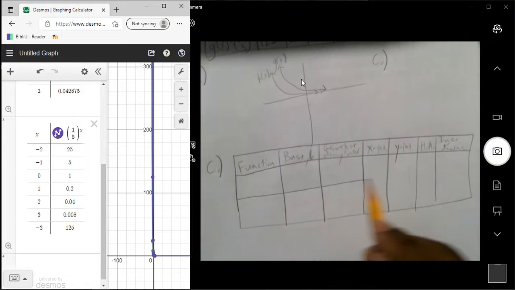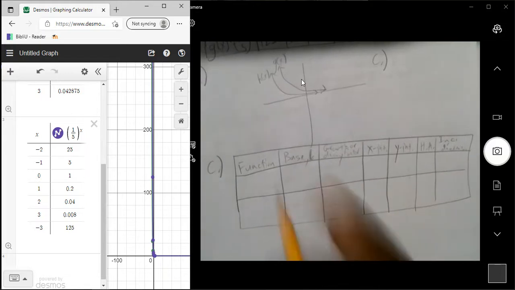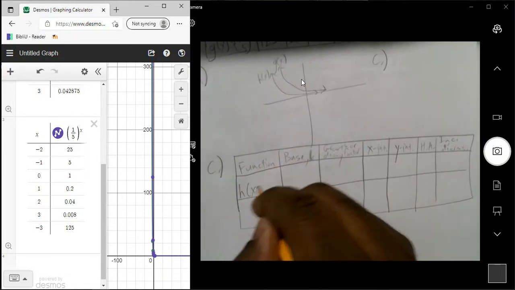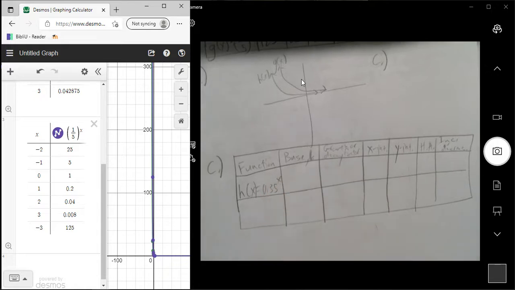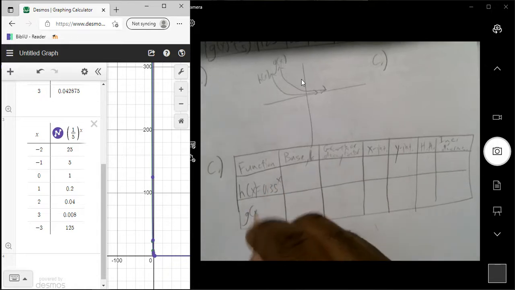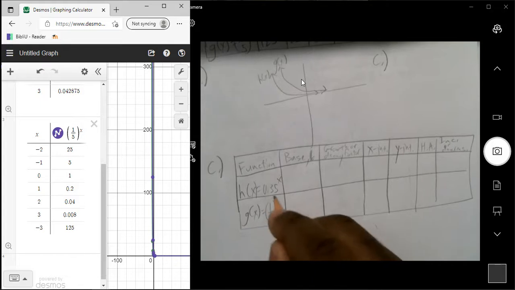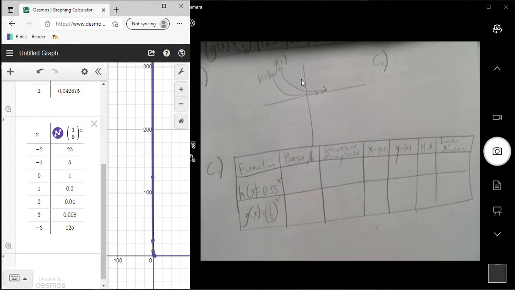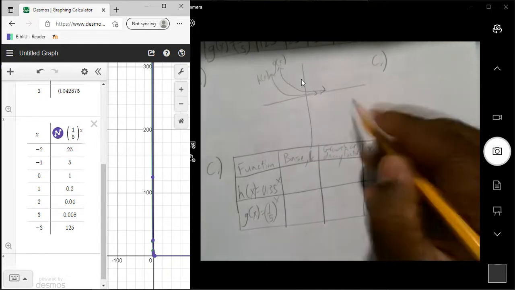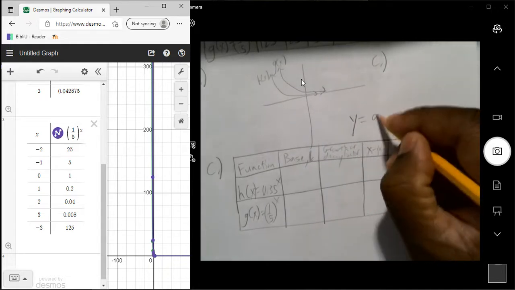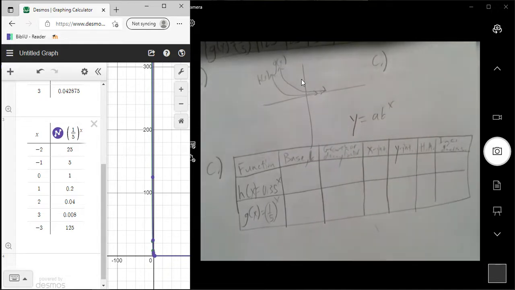All right, so we had h of x is equal to 0.35 to the x. Then we have g of x, which is equal to 1/5 to the x power. Now our base. One thing that we have to look at here is our problem is really y equals ab to the x.